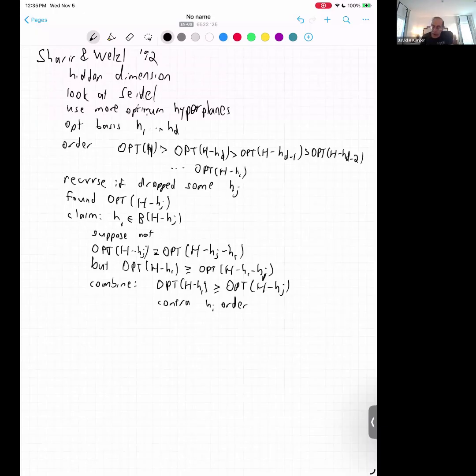So in fact, what this tells you is that all of h1 through hj minus 1 are in the basis of h minus h sub j. So we don't only get one of the optimum hyperplanes, we get lots of them.